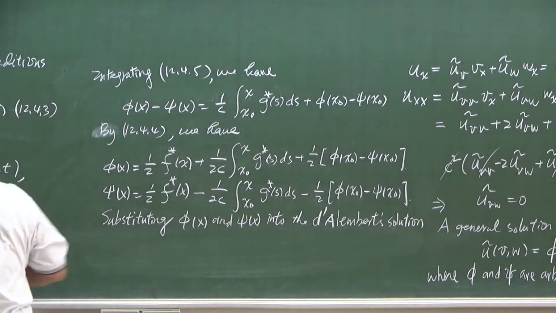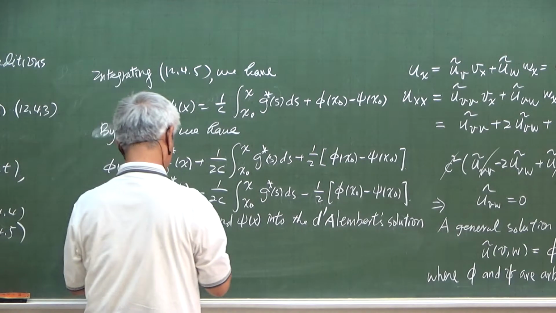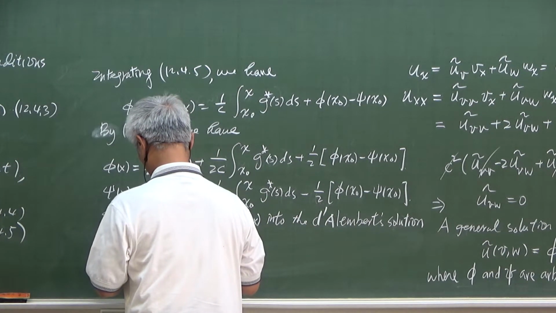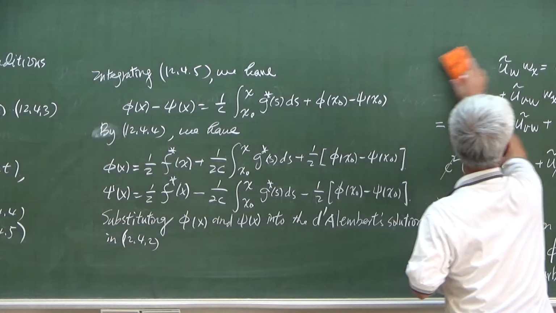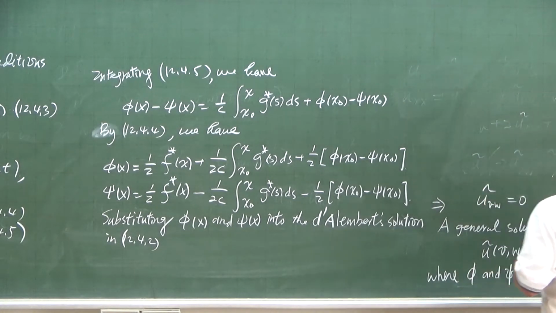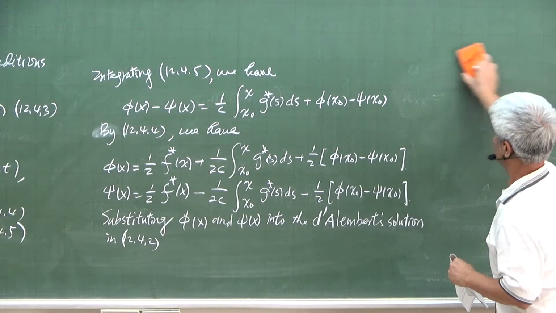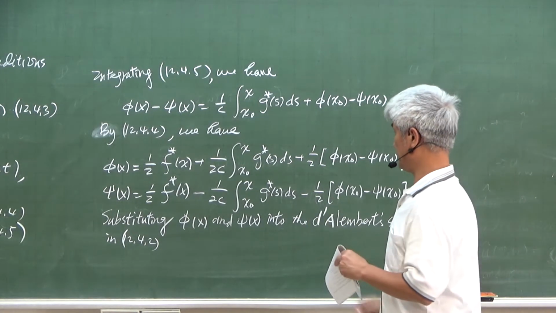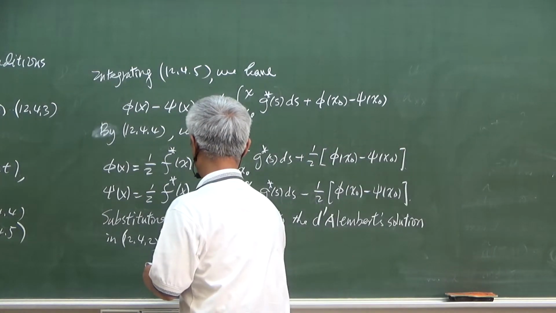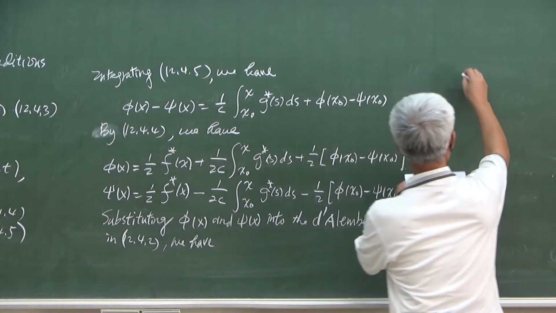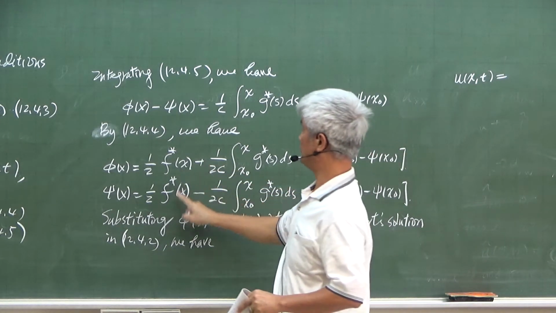Okay, in section 7.4.2, when we do the substitution, we have u of x, t equal to... so we do the substitution, right?